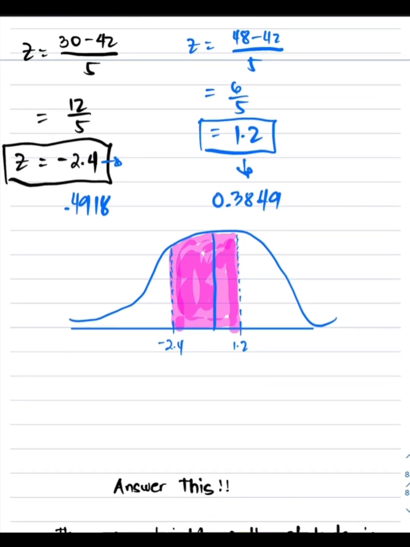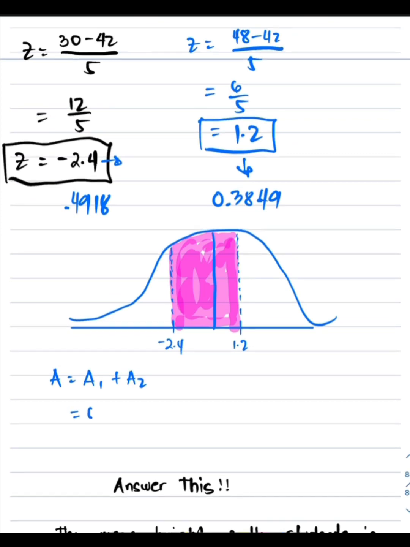When the z-scores are negative and positive, we need to add the areas. So, area is equal to area 1 plus area 2. So, area 1 is 0.3849 plus 0.4918, and that is 0.8767, or 87.67%.